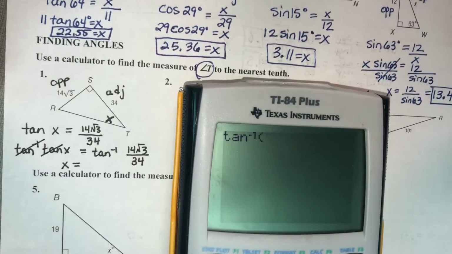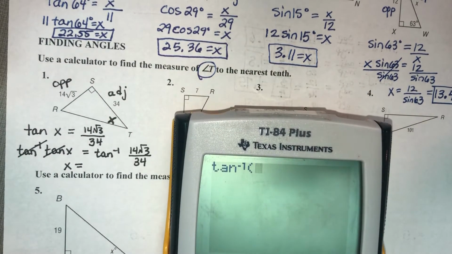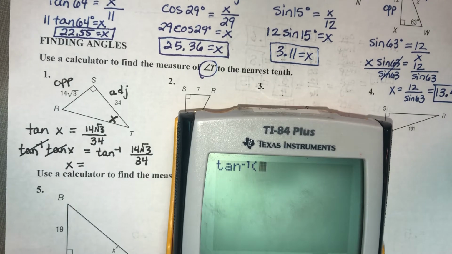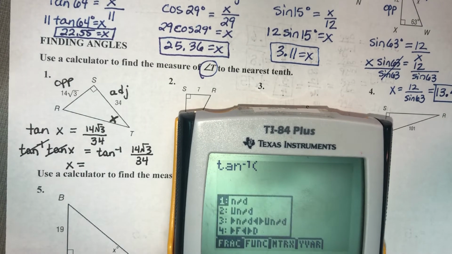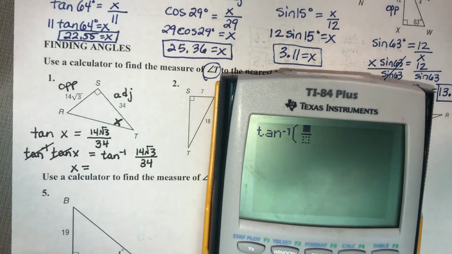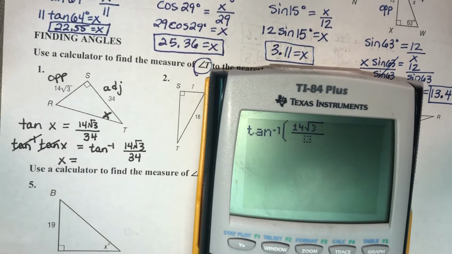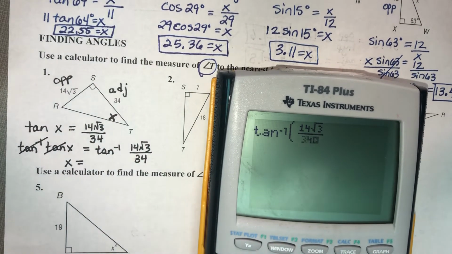So when you do second and then the tangent button, the tangent with the -1 appears on the screen. Now I'm going to go alpha y equals number 1 for my fraction function. And I'm going to go 14 square root of 3 on top and 34 on the bottom.